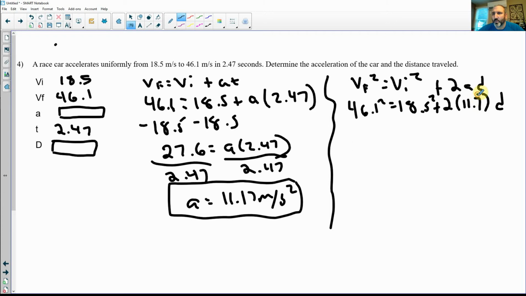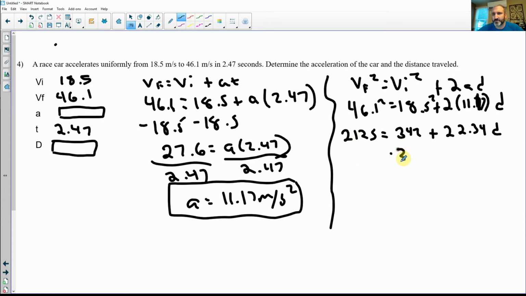So 46.1 squared, that's going to be a big number, 2125, I'm rounding down. 18.5 squared, 342. 11.17 times 2 plus 22.34 D.